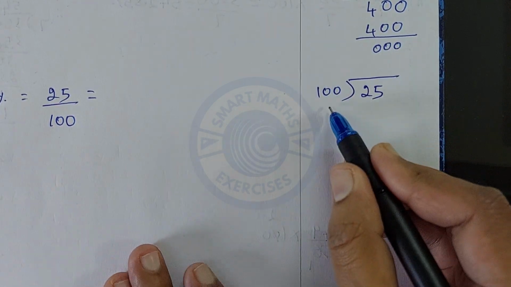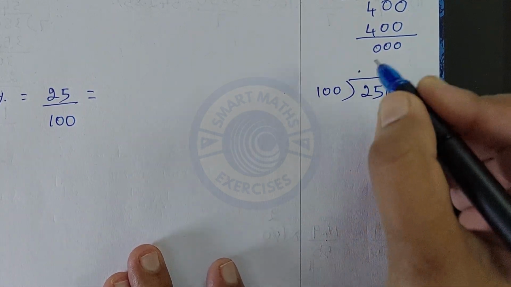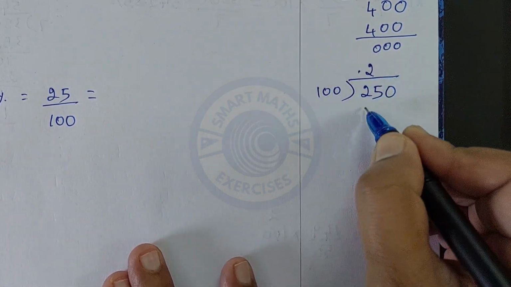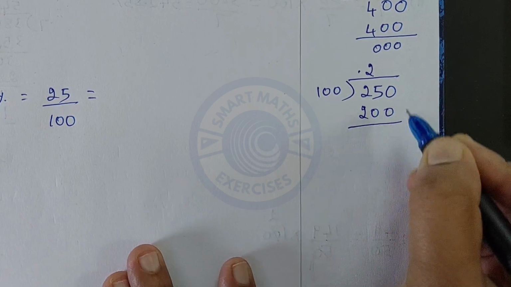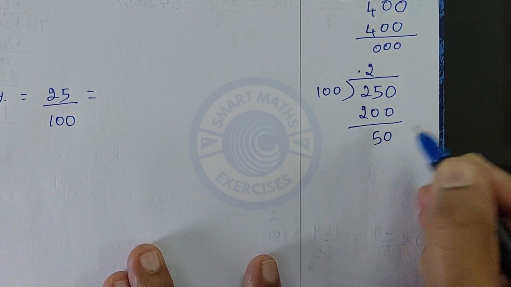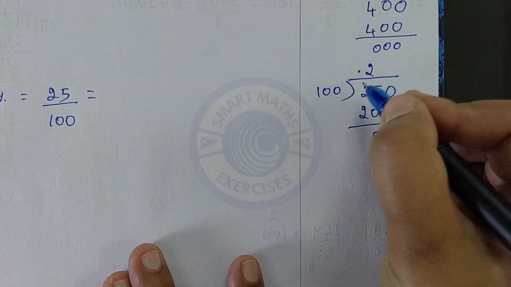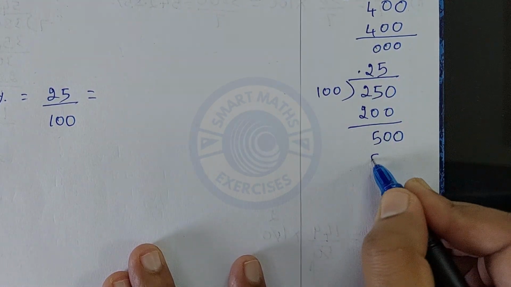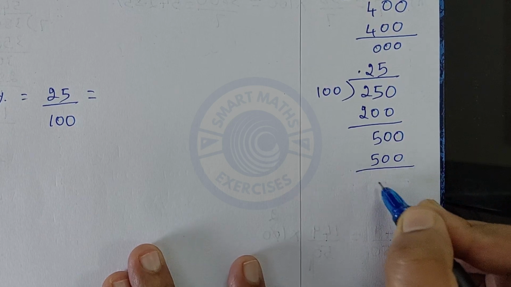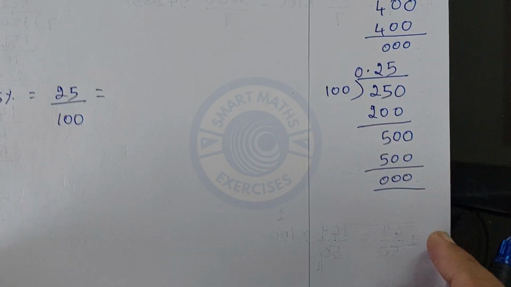Since 25 is less than 100, we add a decimal point and add a 0. 100 twos are 200. 250 minus 200 is 50. Since we already have a decimal point here, add 0. 100 fives are 500. Subtract 500 minus 500, you get 0. So answer is 0.25.